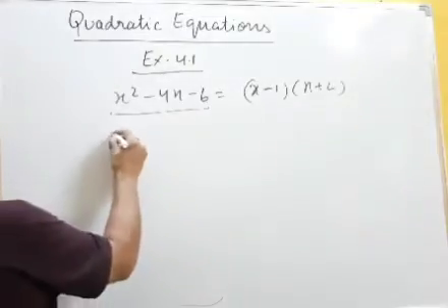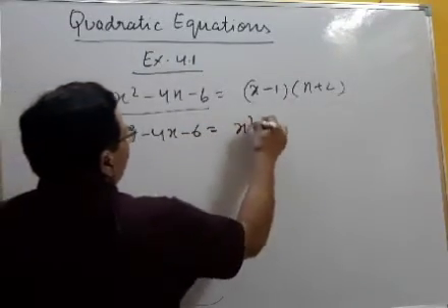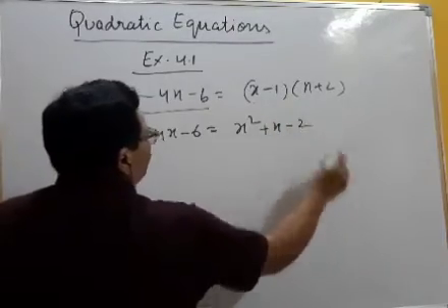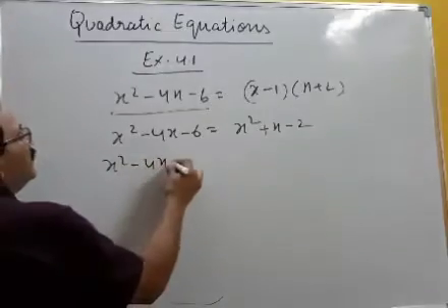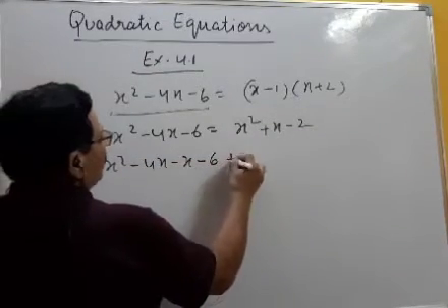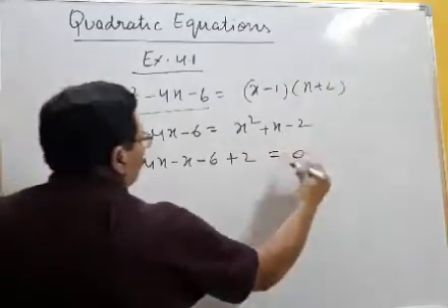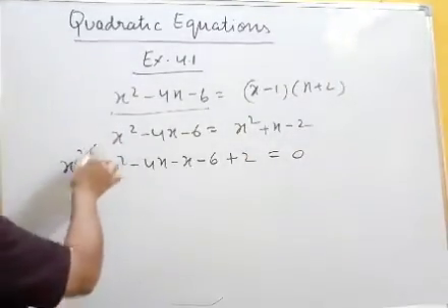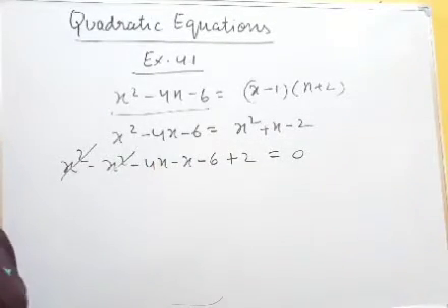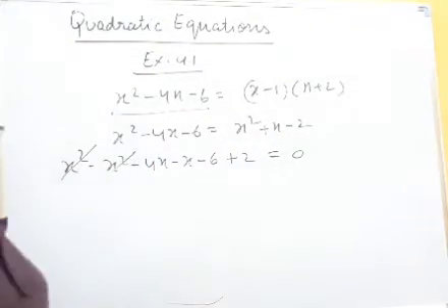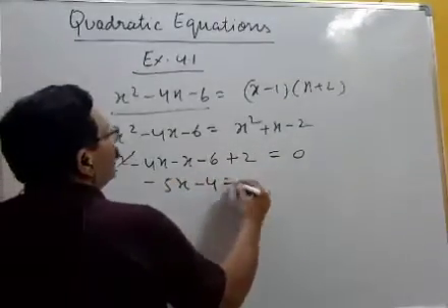See, x square minus 4x plus 6, and when you open the right side you get x square plus x minus 2. Take terms to this side: x square minus 4x minus x plus 6 plus 2, and with the x square transferred, this gives 0. Now you check: the first step is to cancel. Cancel means x square is not there, so the degree is not maintained at 2. Now this is minus 5x plus 8 equals 0.